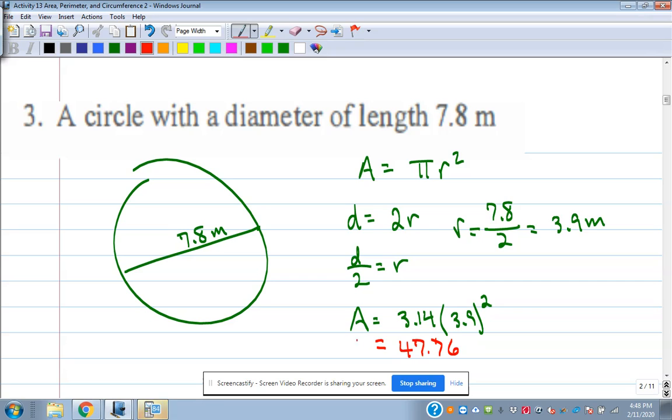We go 2 decimal places there again, because our measurement was in 1 decimal place. We go 1 more than what we measured. And it'd be meters squared here, because our dimension was in meters. So, knowing those formulas, that's an important thing.